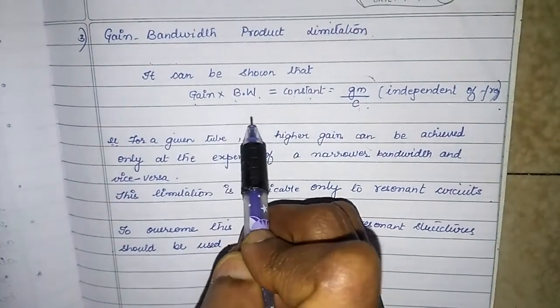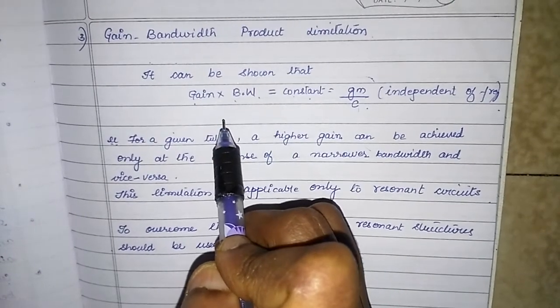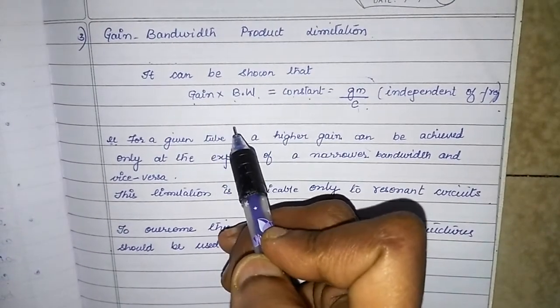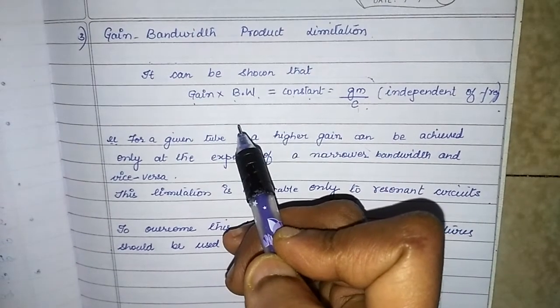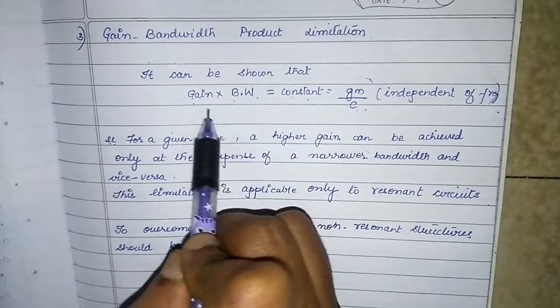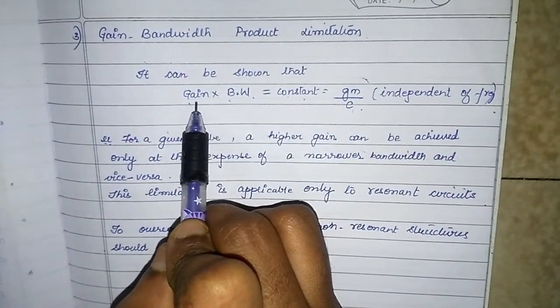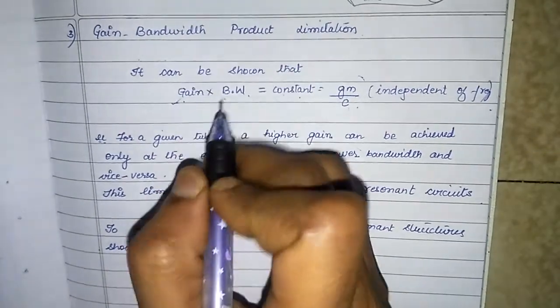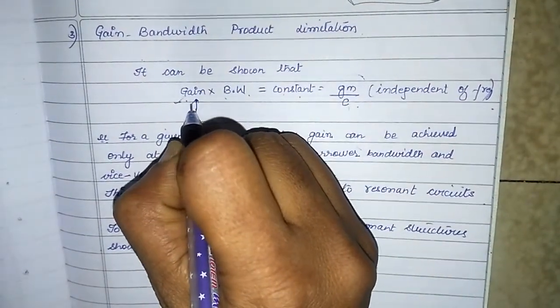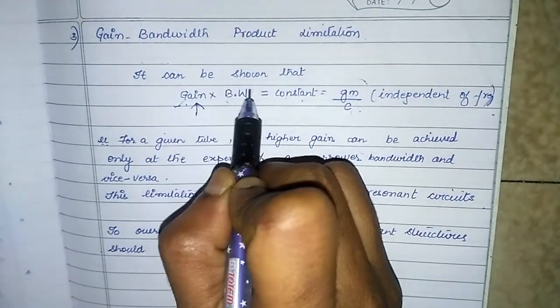Now see students, again thinking of what we have learned with the ideal characteristics of an amplifier. What do we want in an amplifier? An amplifier should have infinite gain and infinite bandwidth. Suppose you want a large gain. But this product will always be a constant.